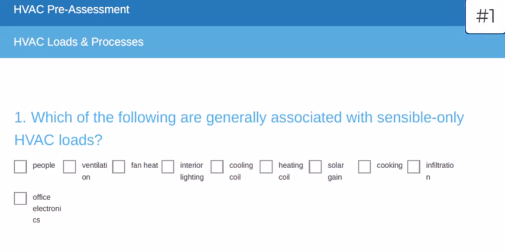And the idea with this one was to be able to differentiate between sensible and latent loads, or some combination of the two. And these are the answers that we were looking for.